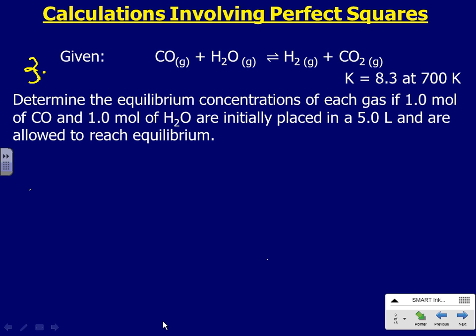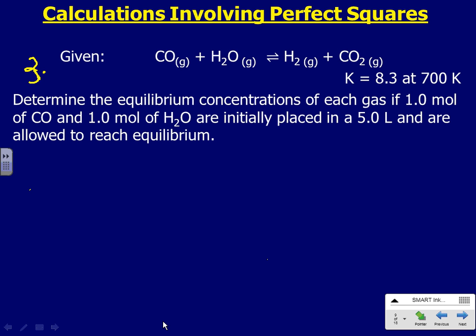We've done the equilibrium. But notice we're given all of the I's and we're given the K. All the I's and not one E. We're not given any E's, but we're given a K value.